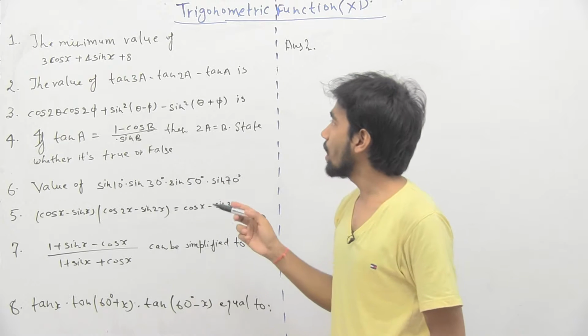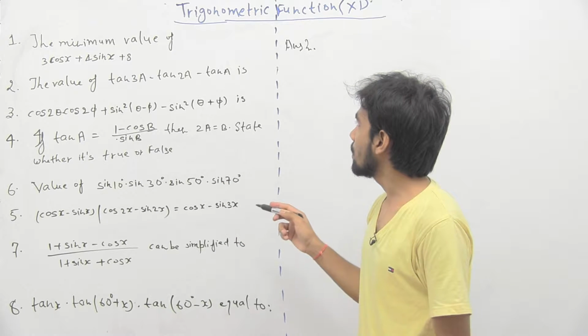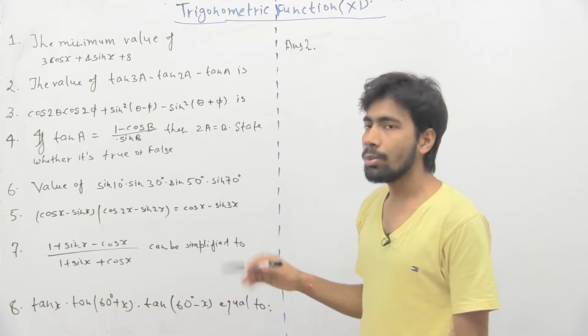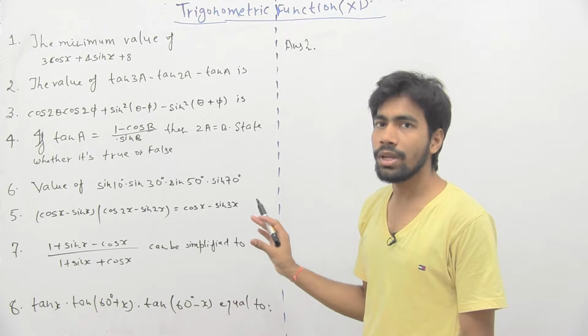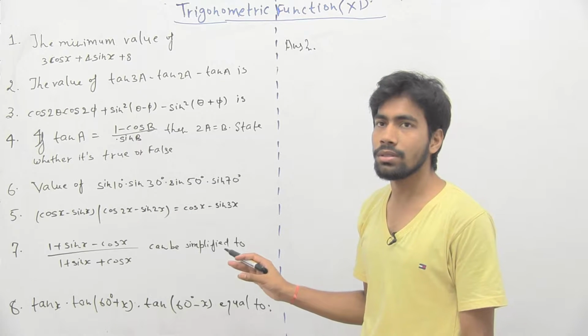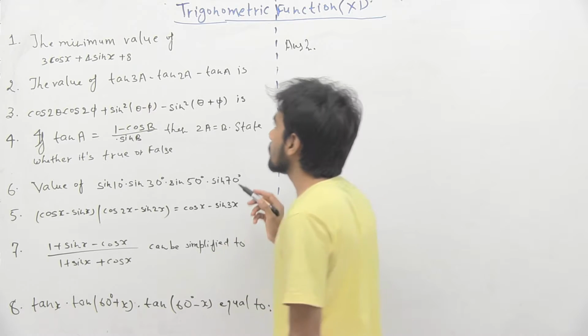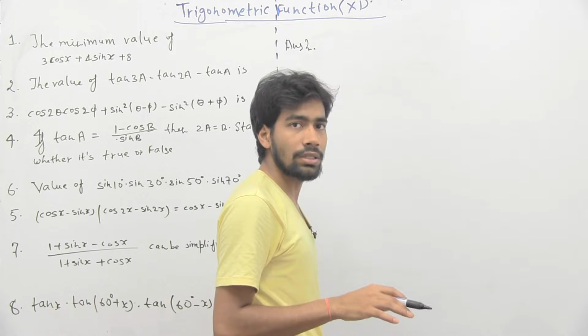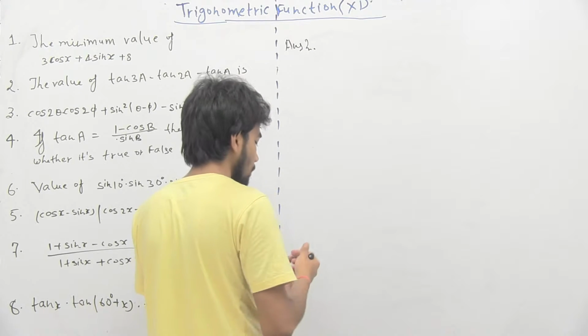Question number 2. The value of tan 3a minus tan 2a minus tan a. We have to give the solution in multiplication form, which are given in the options. So we have to choose one of the correct options. So we will first simplify this function.